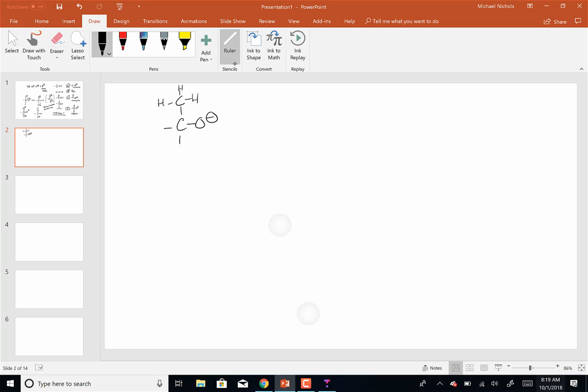So in other words, if this is a primary alkoxide, and I had a tertiary alkoxide, which one of those two would be more stable?